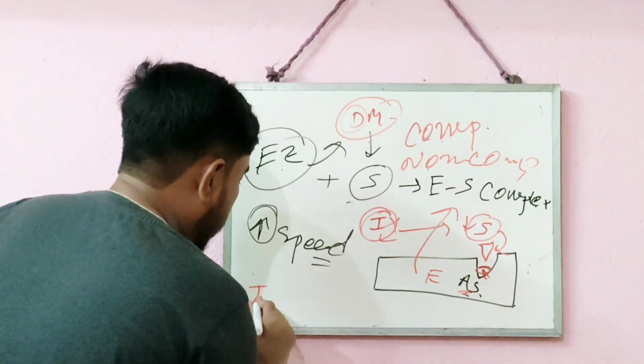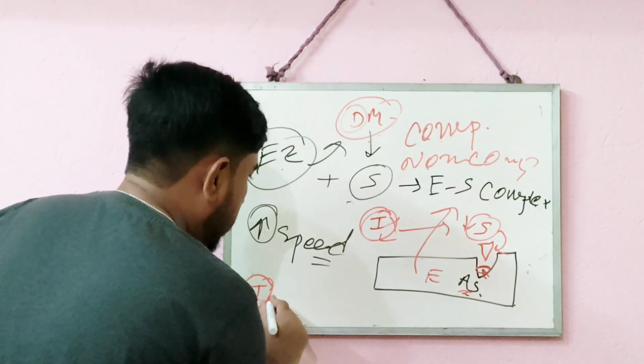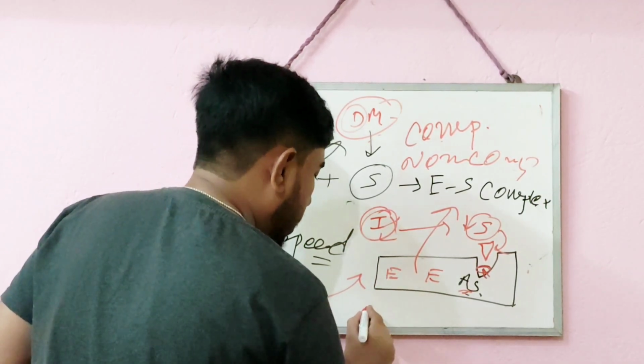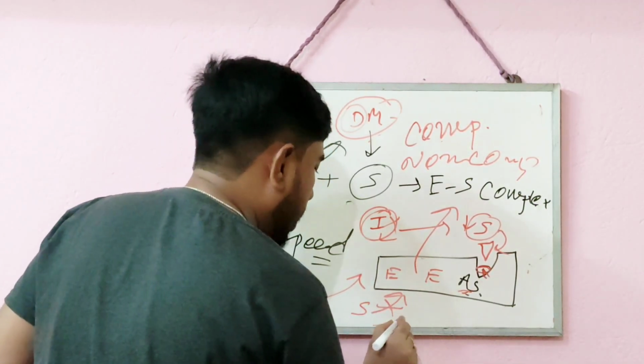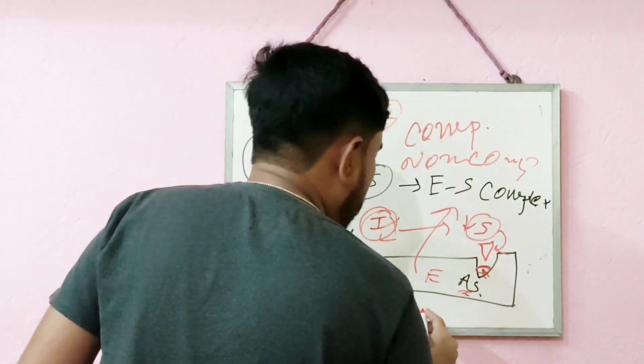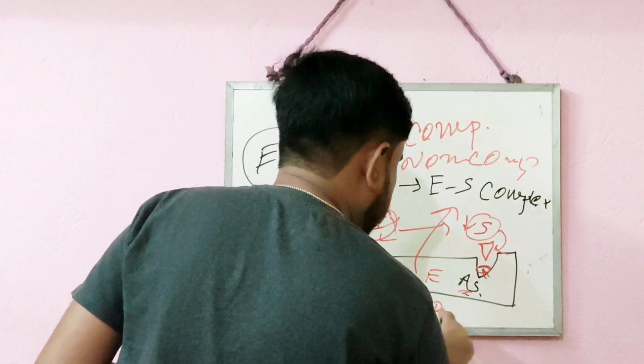If there is an inhibitor, and that inhibitor is going to bind with the enzyme, and the substrate fails to bind with the enzyme, at that time it will show adverse effect.